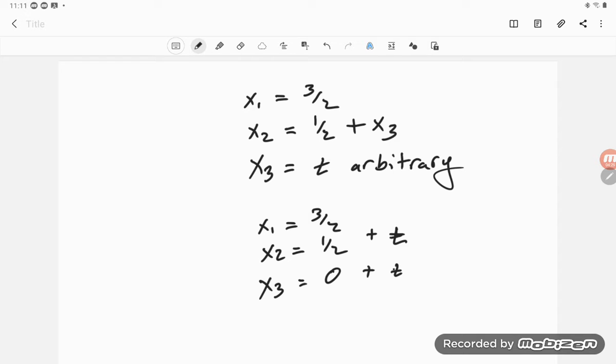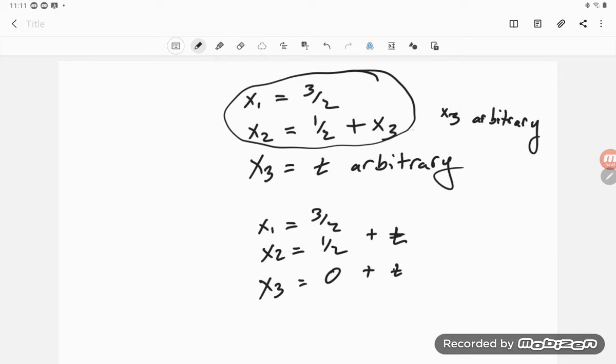Okay, so even if you simply wrote that and then mentioned that x3 is arbitrary, that's okay too. I mean, that gets the solution across.